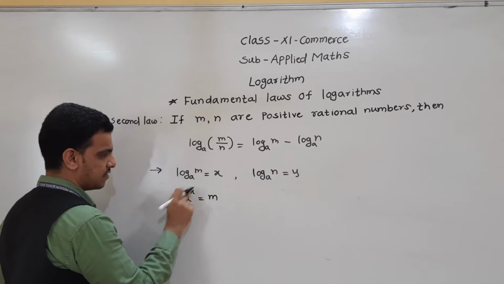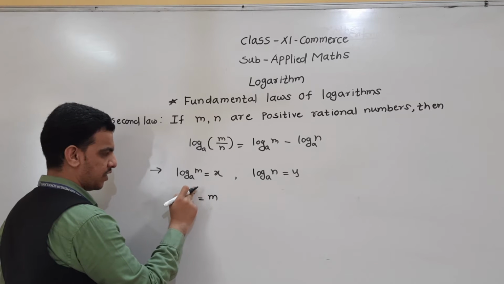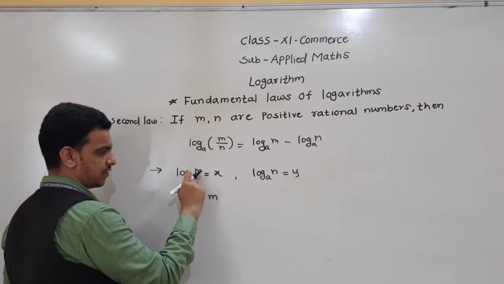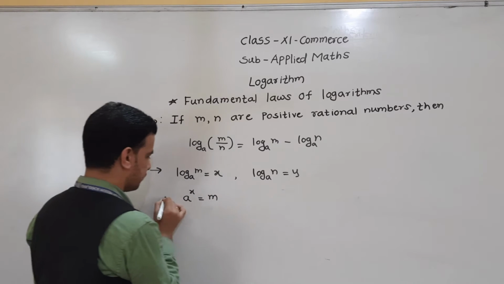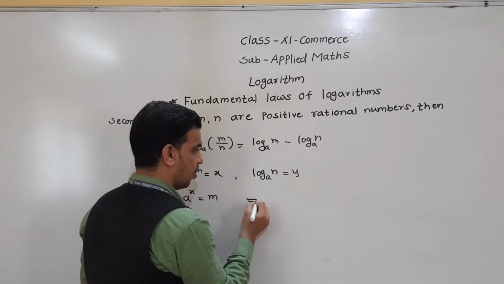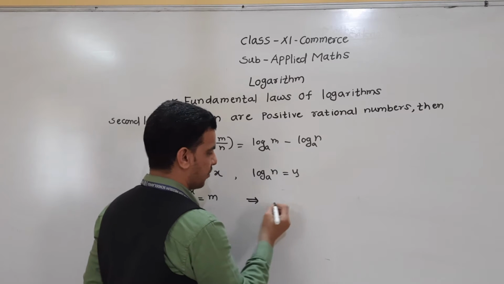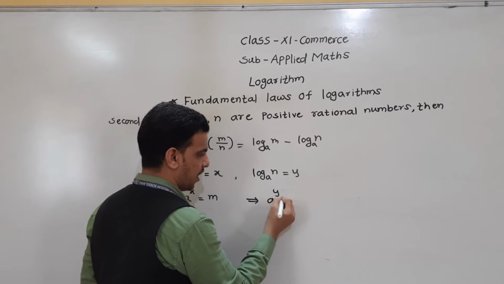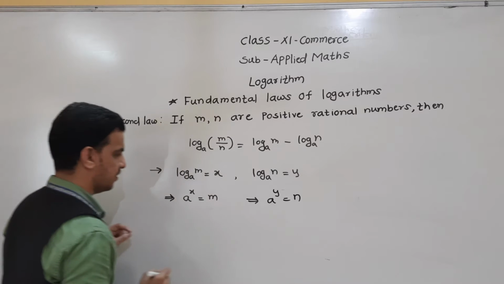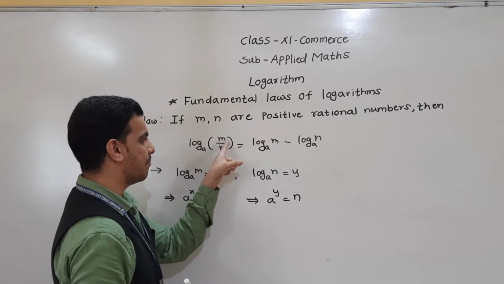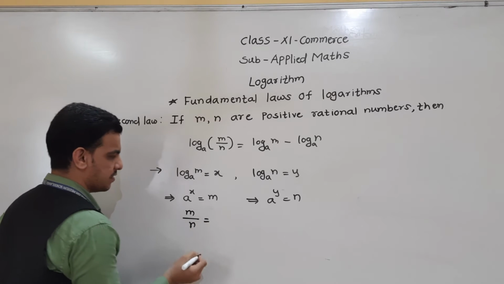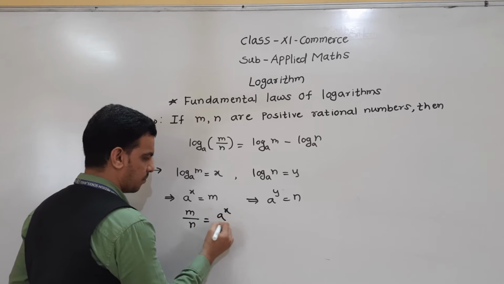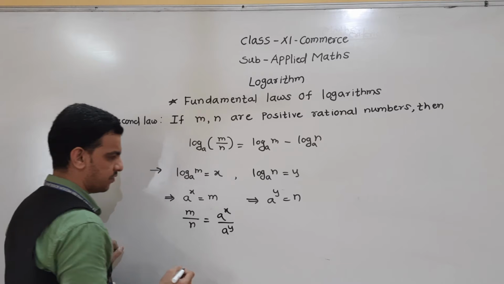The base is as it is, the RHS we take as a power, and then it is equal to the argument. Similarly, log n to the base a is equal to y, we can write a raised to y is equal to n. Now we want m by n, so we take m upon n is equal to a raised to x upon a raised to y.